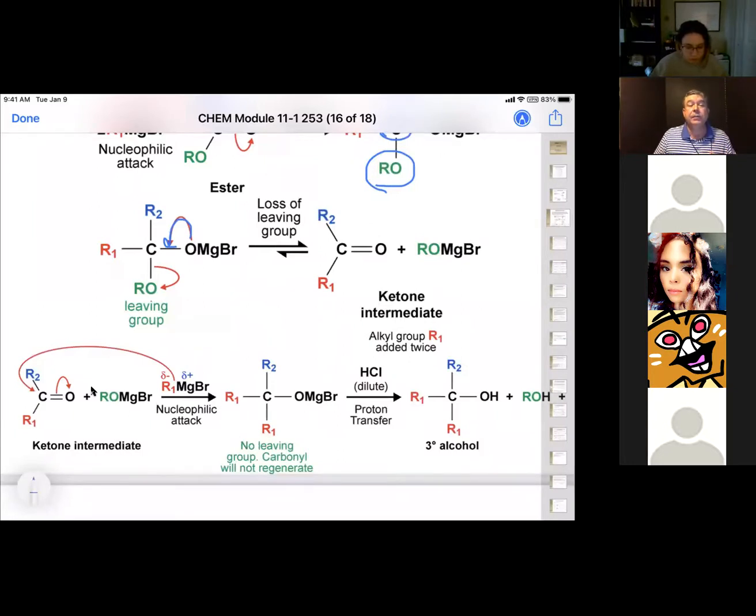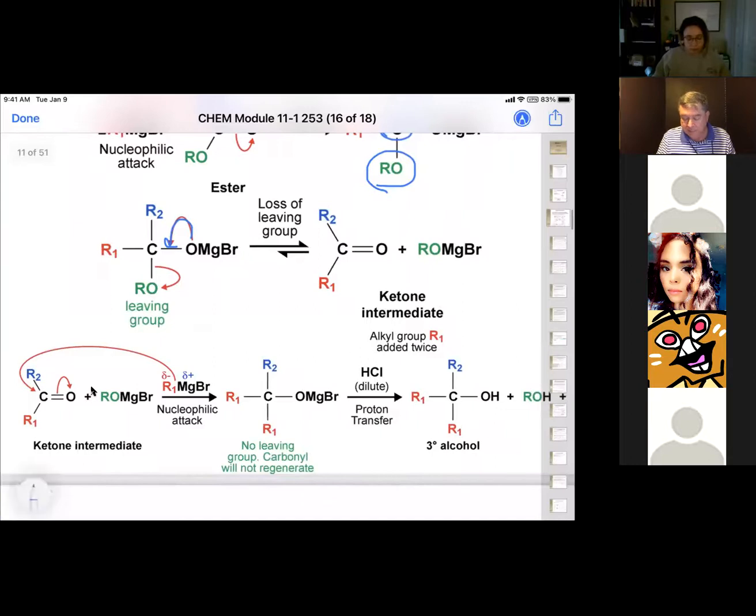So the idea is you use 2 equivalents of the same Grignard reagent, and you end up with 2 equivalents of that same group on your tertiary alcohol. When you have a ketone, you can have all 3 R groups be different when you attack it. When you use a Grignard reagent with an ester, you're going to get 2 of the same units and whatever the R group on the ester was.